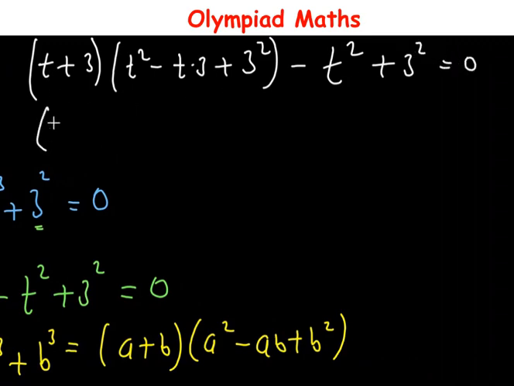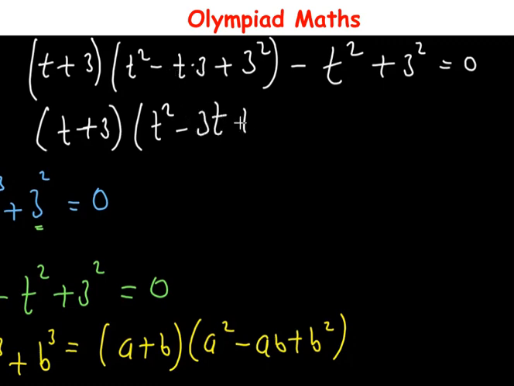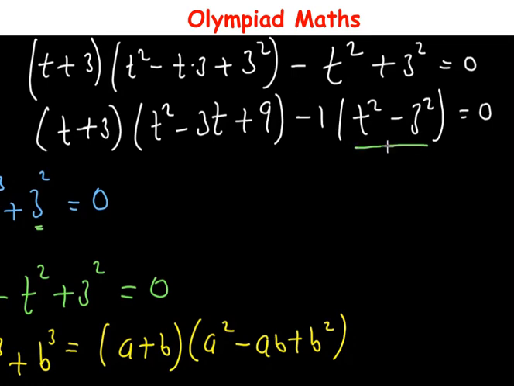So from here, t plus 3, okay, multiplied by t squared minus t times 3 is 3t plus 3 squared is 9. Then let us factorize out minus 1 from here. Minus 1 into bracket t squared minus 3 squared, all is equal to 0. At this junction, looking at this right here, what we have is difference of two squares, something like this, a squared minus b squared.